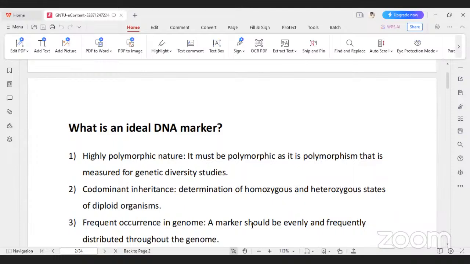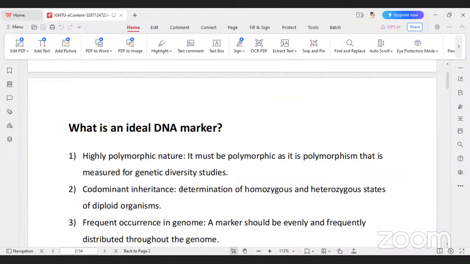So what is highly polymorphic? It must be polymorphic, as polymorphism is measured by genetic diversity studies. What is polymorphism here? Polymorphism is a detectable and heritable variation at a locus. That is polymorphism. So this is mainly useful for genetic diversity studies.